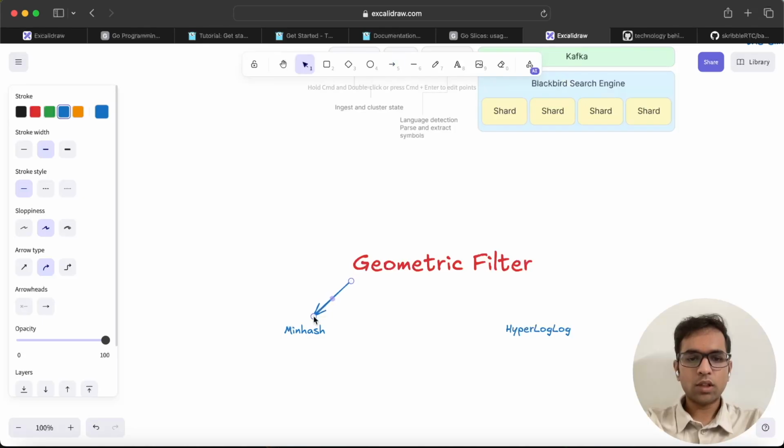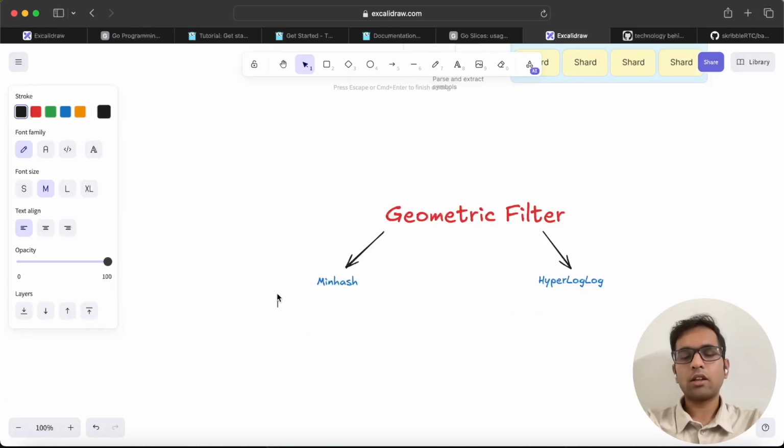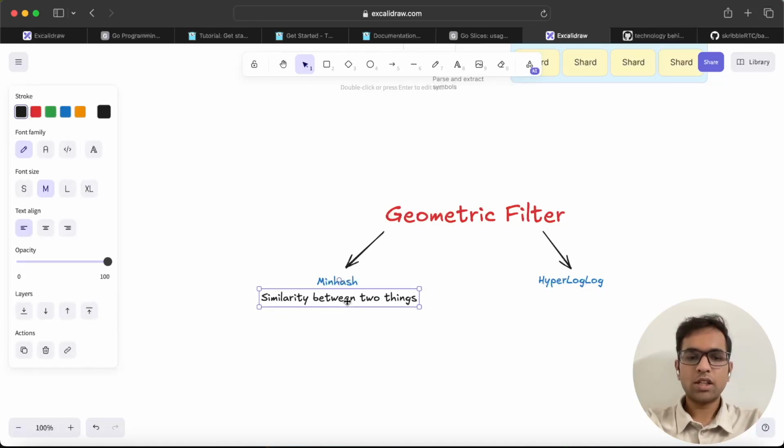And why these two functions? Because they calculate two different things. Min hash calculates how similar two things are, and HyperLogLog calculates how many distinct elements are present in a set.